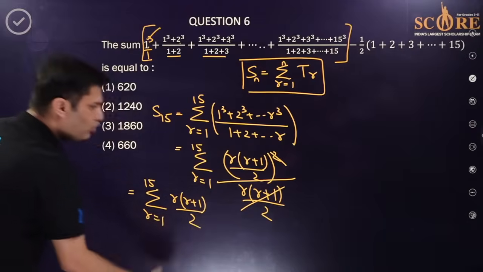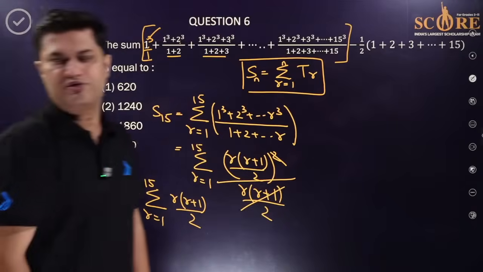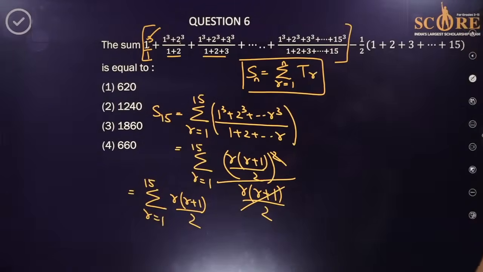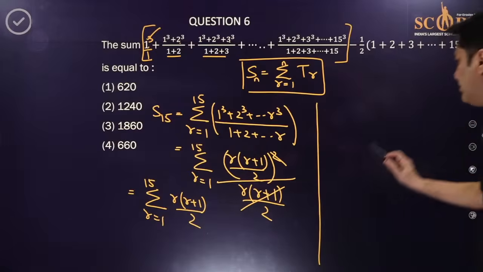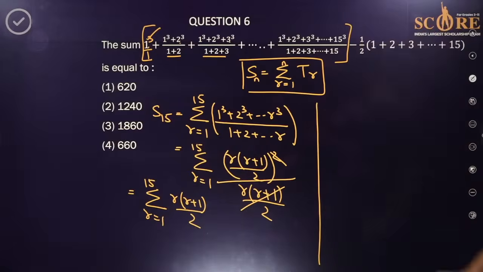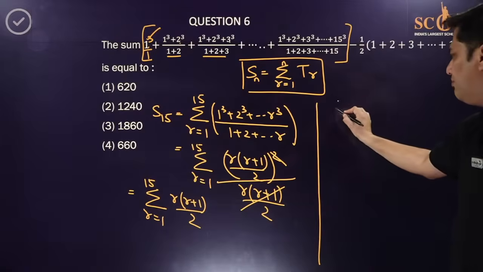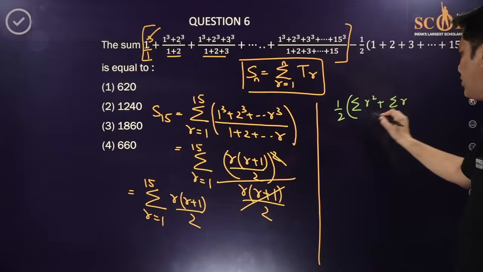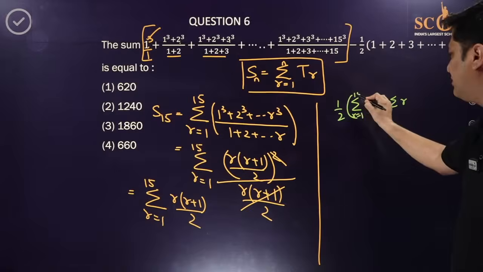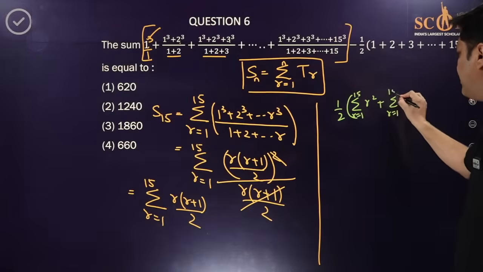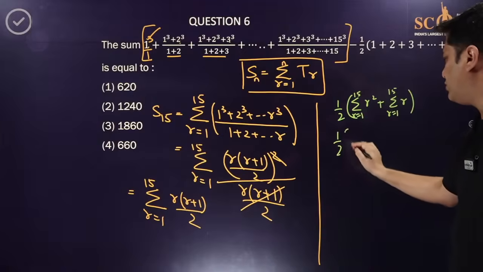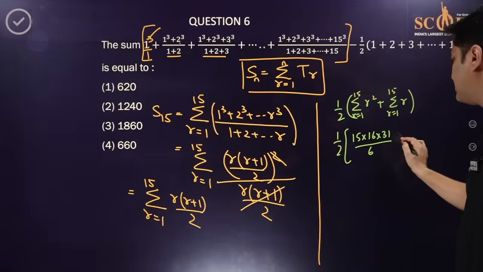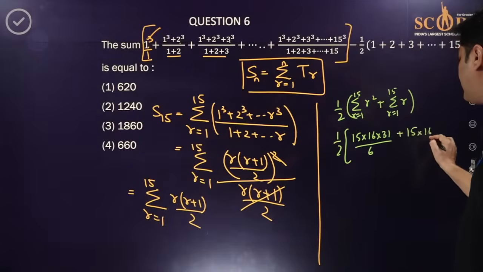Now do the summation of this. You know how to open the summation now; you have studied sequence and series. So let me solve here. So 1/2 times the summation of r square plus the summation of r, from r equals 1 to 15. So 1/2 times this is n into n plus 1 into 2n plus 1 by 6, plus n into n plus 1 by 2.